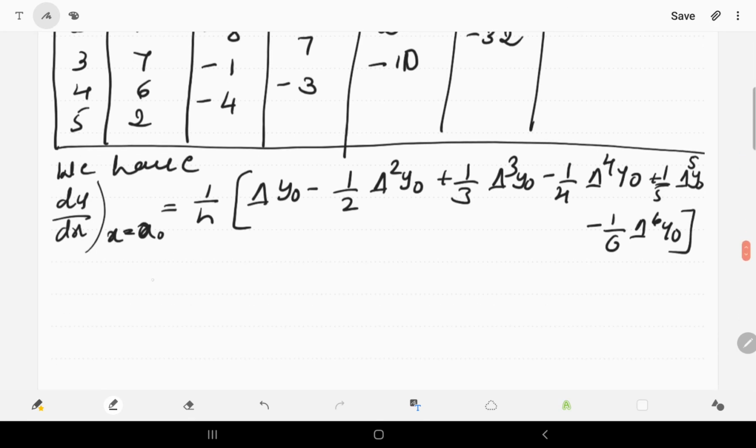This is the formula. h is nothing but 1.